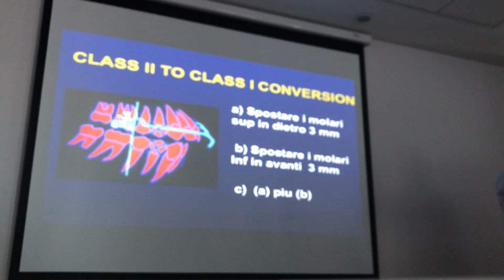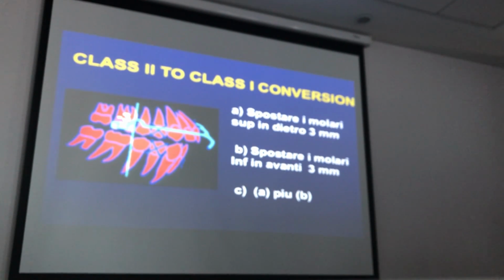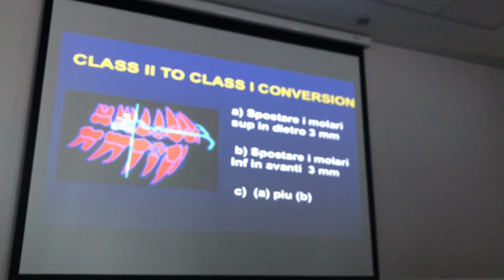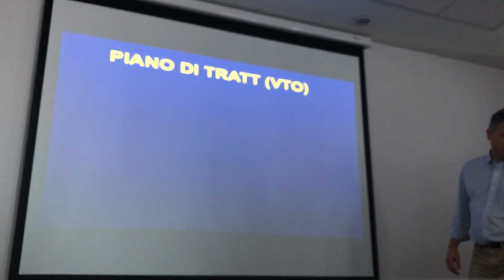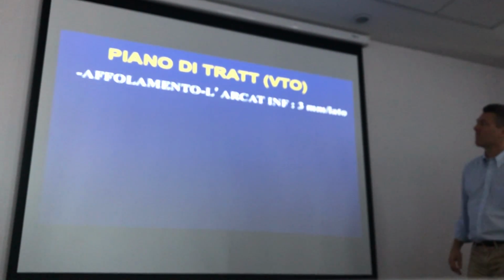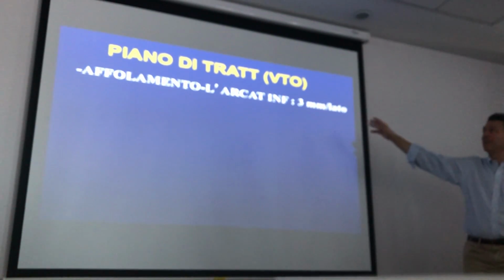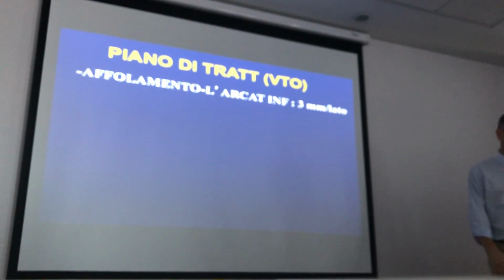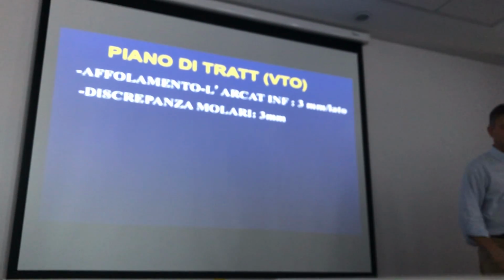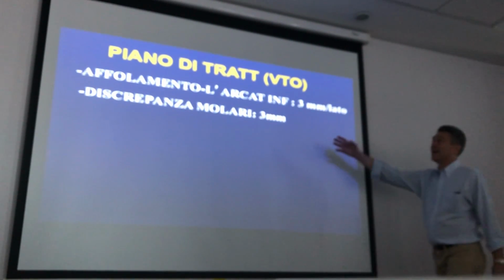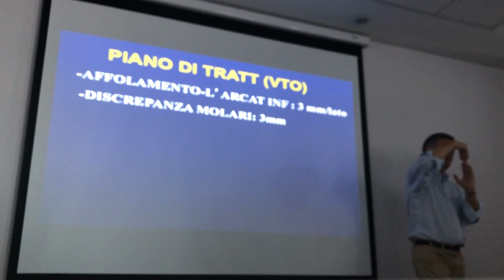So it's pretty easy. We know what is the molar relationship. We decide what we want to do. So we had 3 millimeters per side of crowding in the lower arch. We had a class 2 end-to-end in the molars.